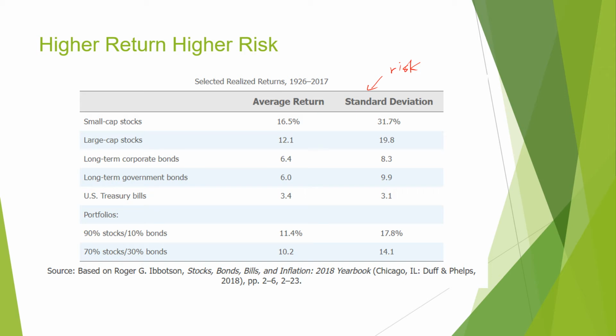See, U.S. Treasury bill returns were lower than other private company stocks, and then its standard deviation is lower. That means safer. Okay, so this is a good example of the relationship between higher return and higher risk.